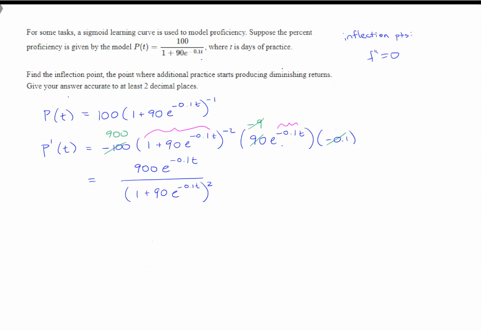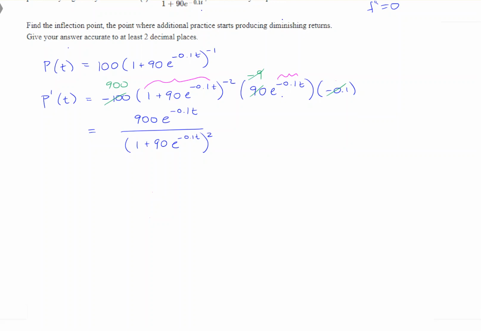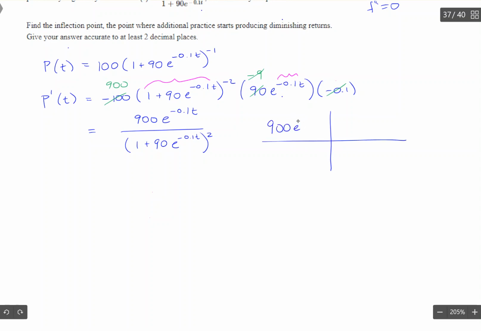Now, all things considered, that isn't too bad for a first derivative. But I now need to start working on a second derivative. The second derivative, I'm going to have to use the quotient rule. So I'll go ahead and get started drawing my box here. The numerator is 900e^(-0.1t). The denominator is (1 + 90e^(-0.1t)) to the second power.